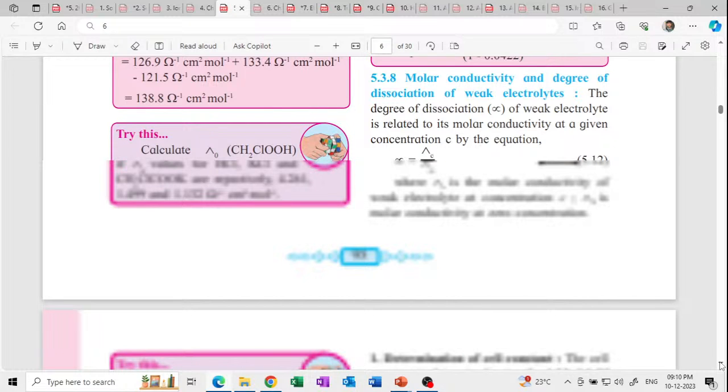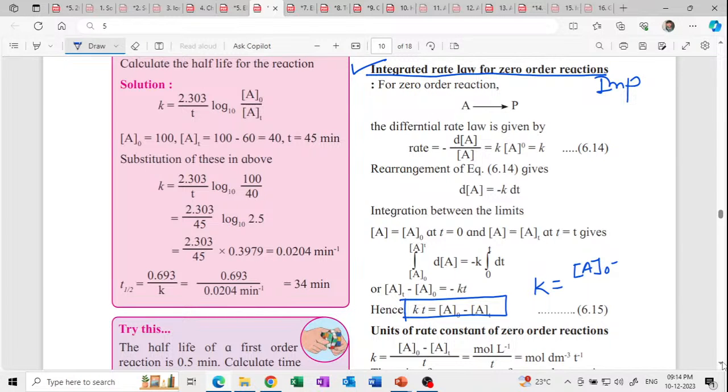It is also written in this way, K is equal to (A naught minus A) divided by t, where K is the rate constant. This is a 2 mark question, a very important question for zero order reaction.